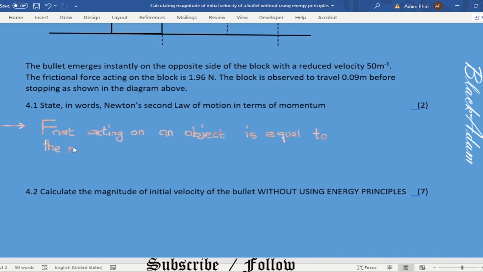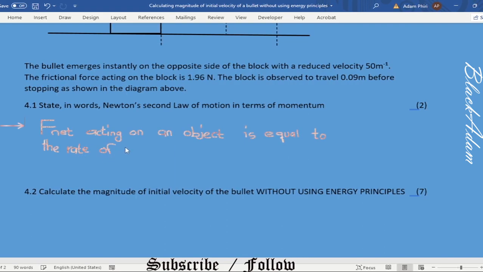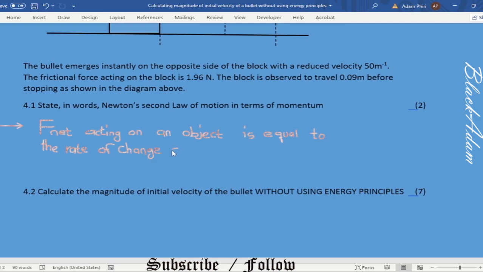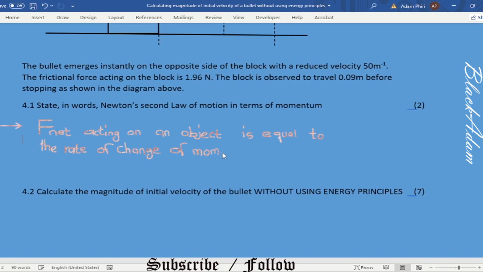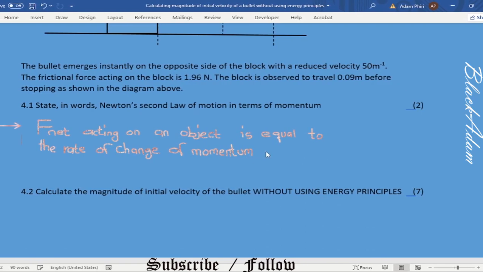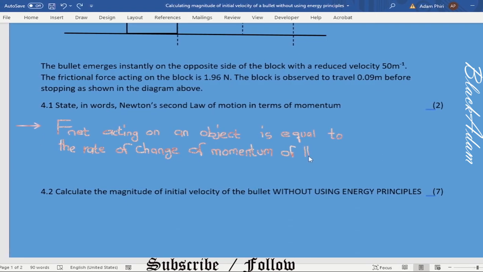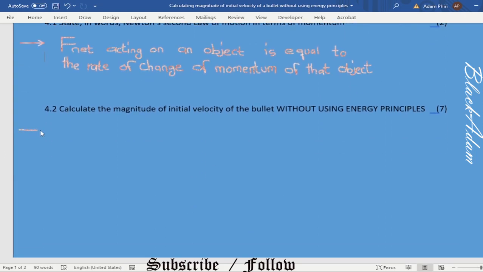That is the best way. I prefer it to the longer statement that the net force acting on an object is directly proportional to the acceleration in the direction of the net force and inversely proportional to the mass. That is a long statement. This is shorter, simpler, more understood, and the best definition of Newton's second law.